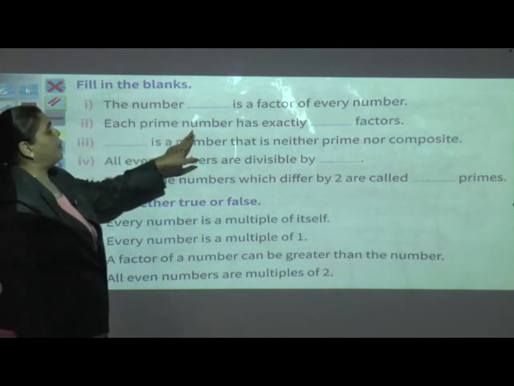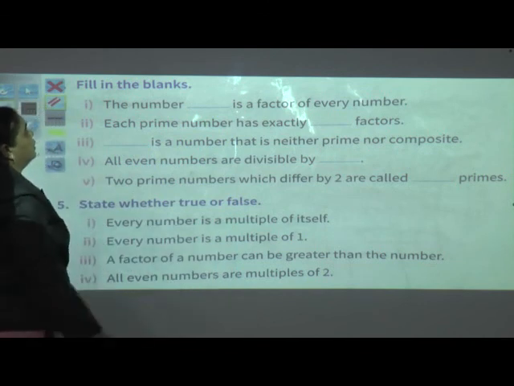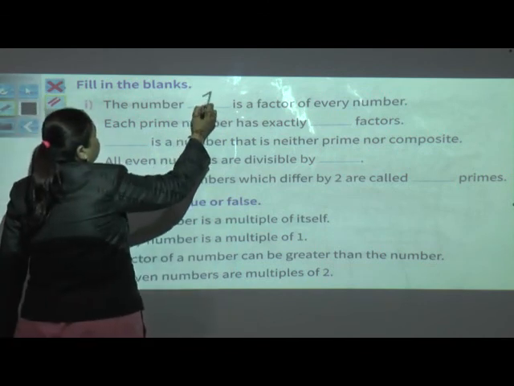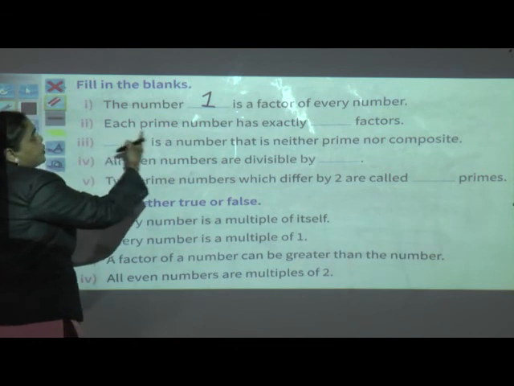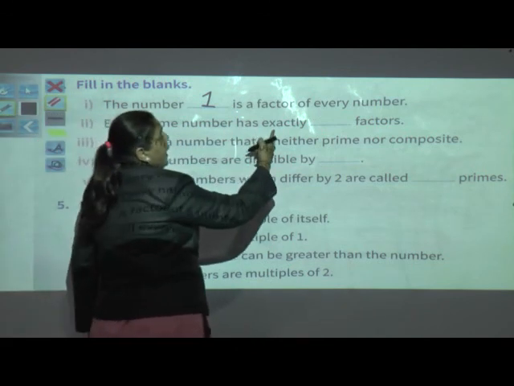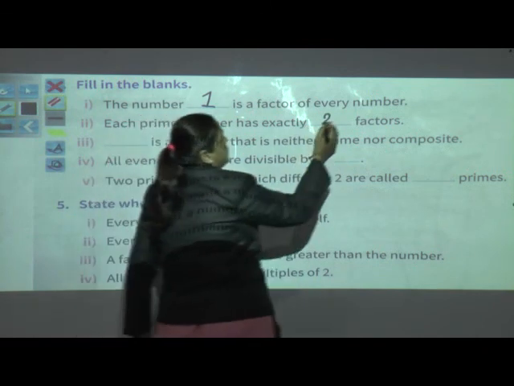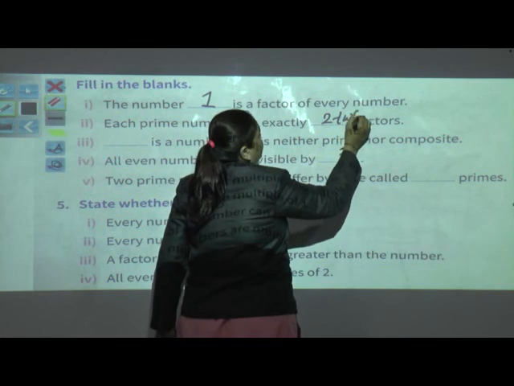Each prime number has exactly dash factors. What will that be? You know what prime numbers are. How many factors do they have exactly? 2 factors, so you can write 2 here.